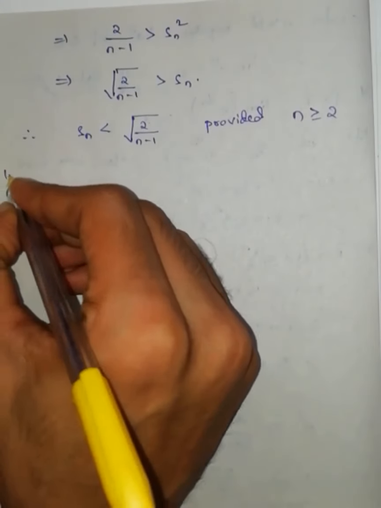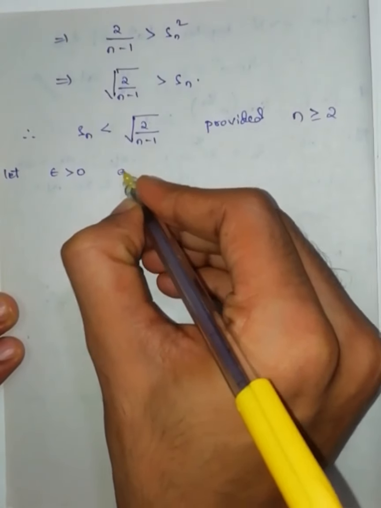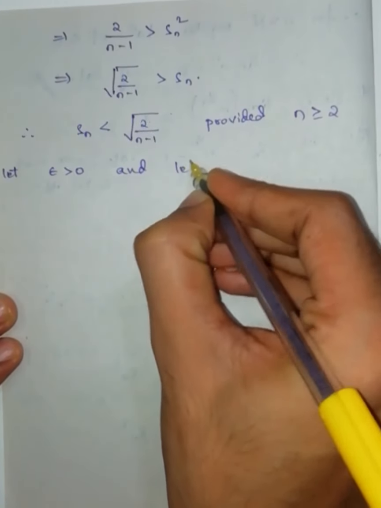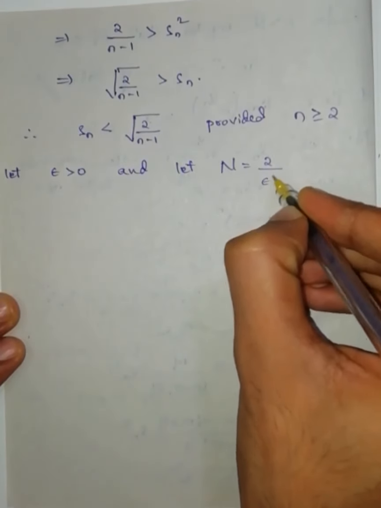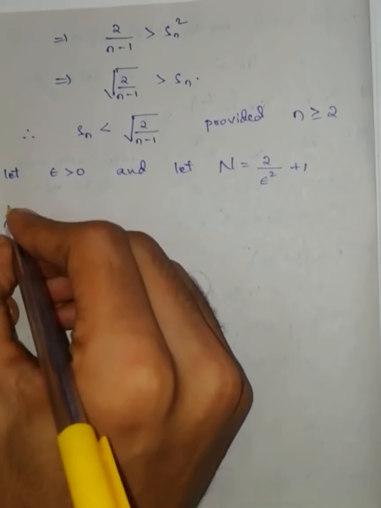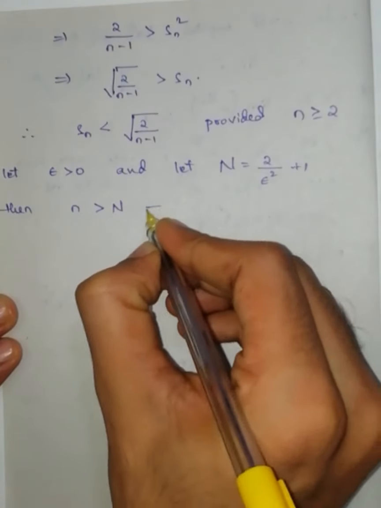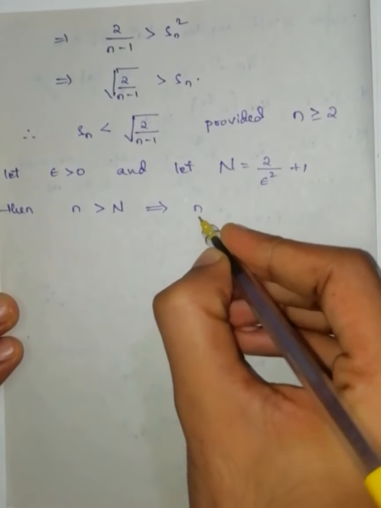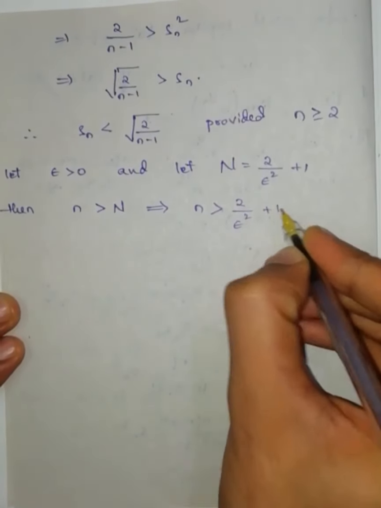Now let epsilon be greater than 0 and let capital N be equal to 2 by epsilon square plus 1. Then n greater than capital N implies n is greater than 2 by epsilon square plus 1.